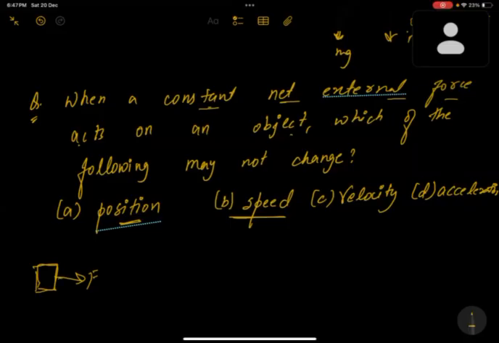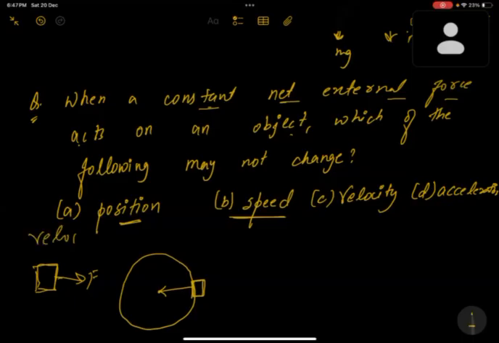I'll take the example of circular motion. If anything is going in a circle, one force is always acting towards the center, right? There is some speed to this object. Velocity has magnitude and direction, but speed has only magnitude.